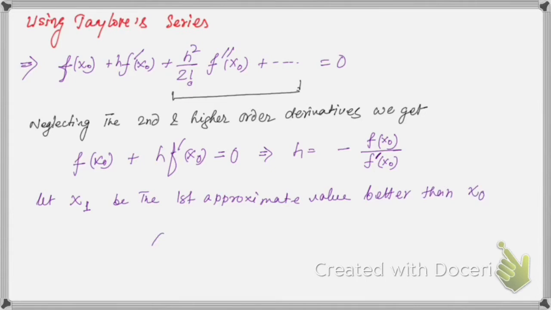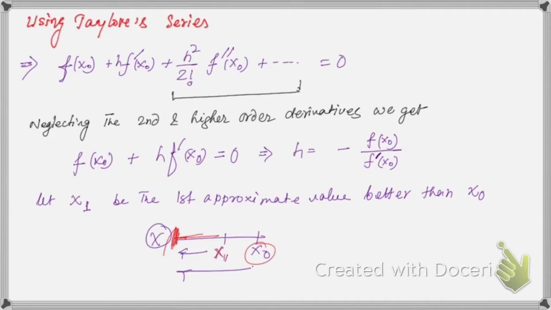That means compared to x naught, x1 is closer to the actual value. Suppose this one is the actual value, and here is x naught, then x1 is much closer to the actual value than x naught.